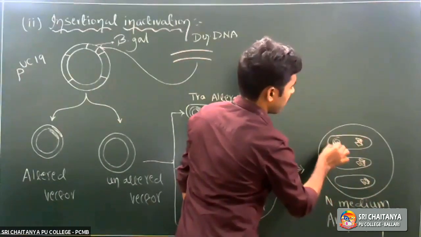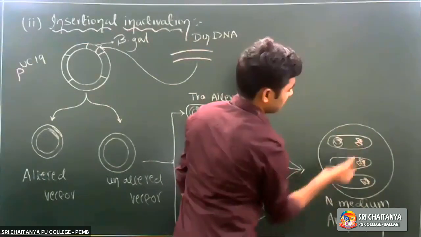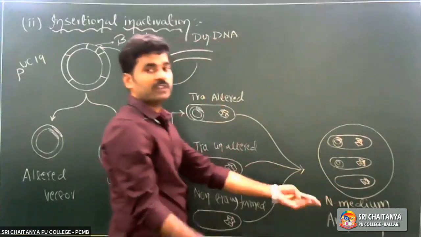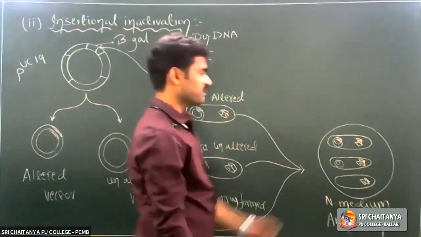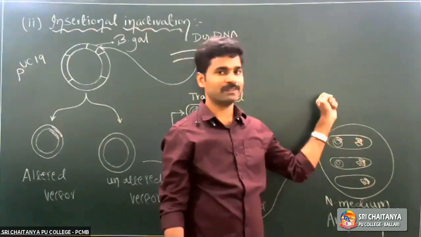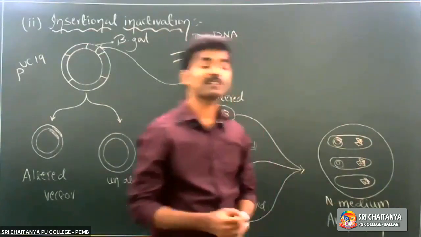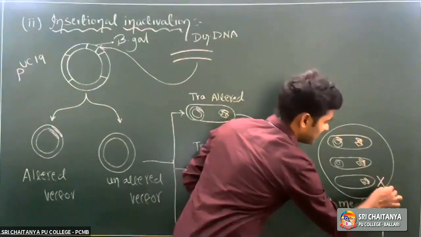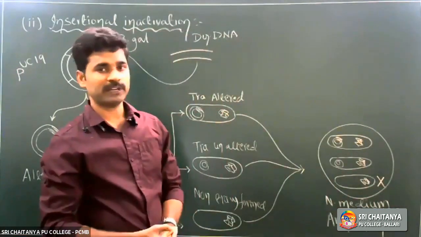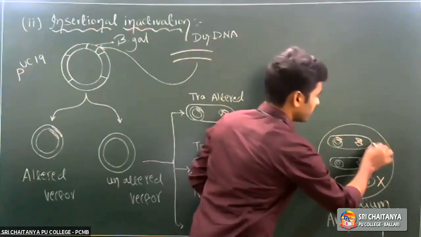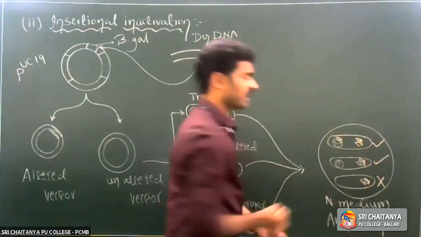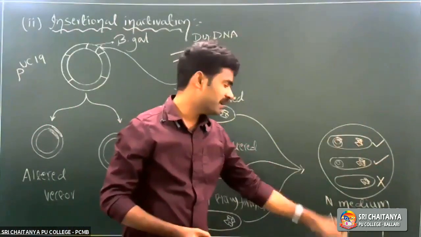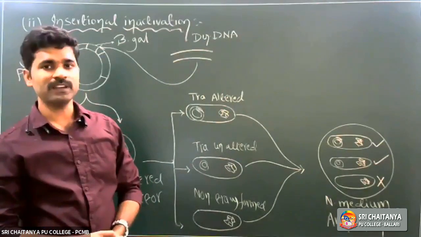Which type of bacterial cells can survive, and which type leads to death? The non-transformed cells are completely eliminated. But both transformed cells can survive.